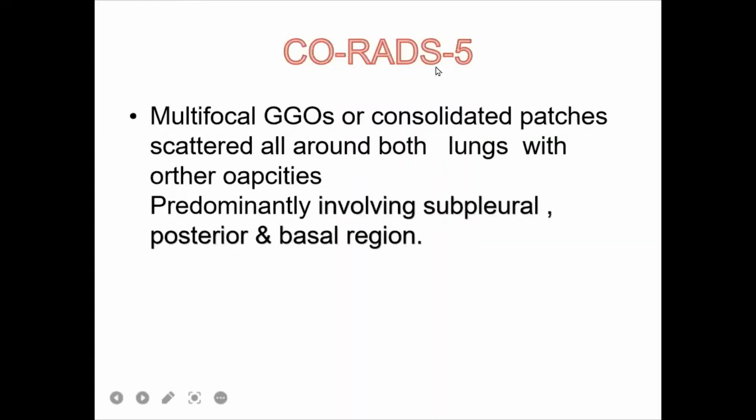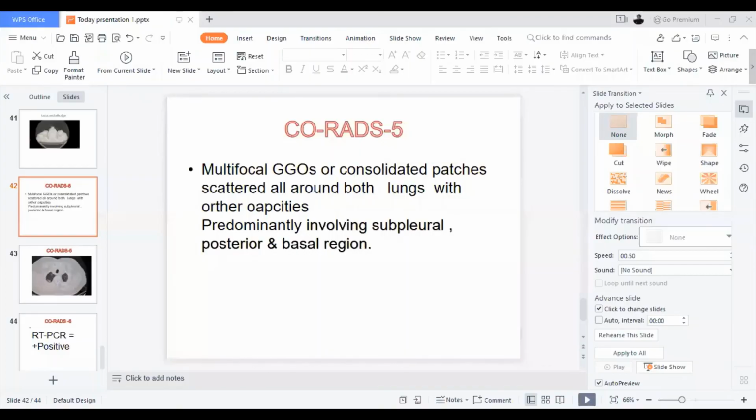Next is Co-Rads 5. Here you will also see the multifocal GGOs or consolidated patches scattered all around the lobes, all over the lungs, involving multiple lobes, and other opacities also, like linear patches or crazy paving.